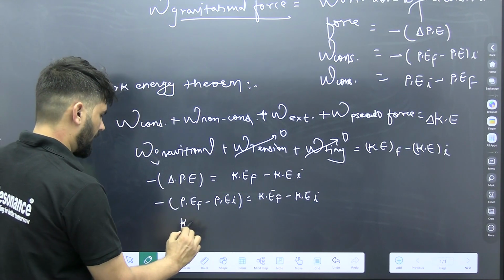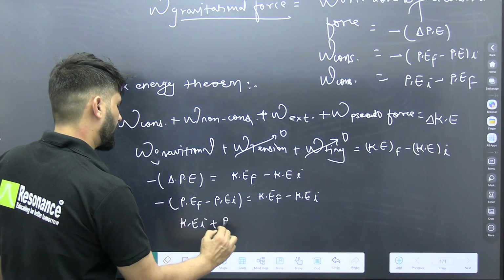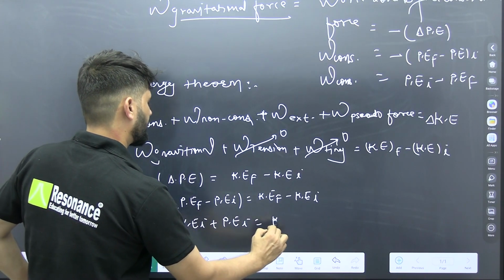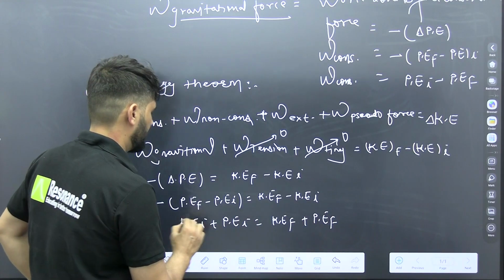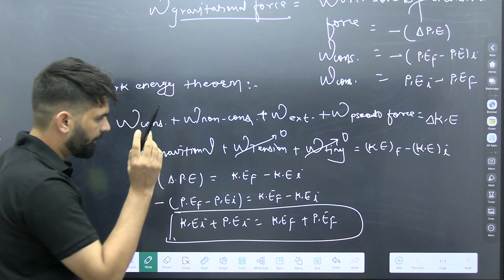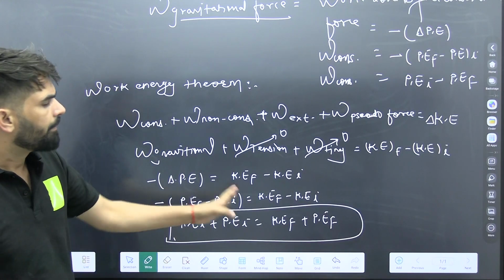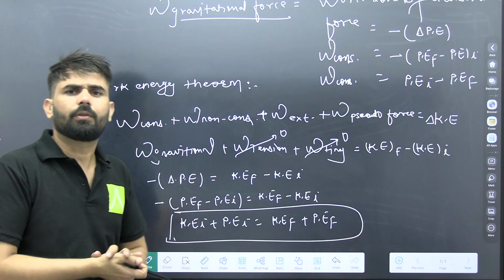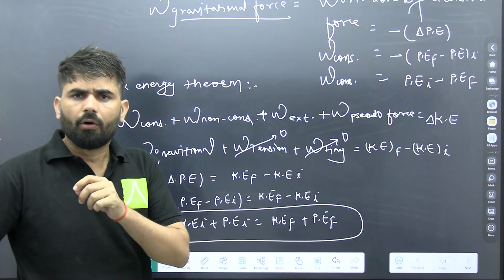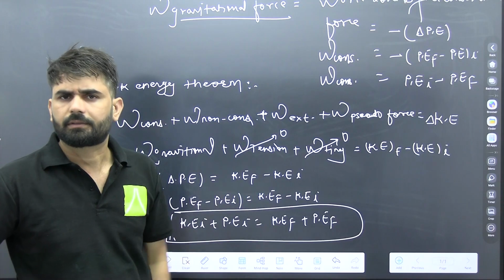So kinetic energy initial plus potential energy initial is equal to kinetic energy final plus potential energy final. So we can simply say that mechanical energy is conserved for this configuration because there are no non-conservative forces.